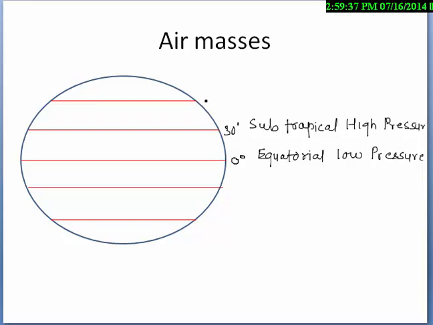As we go more up, at 60 degree north it's the subpolar low pressure belt. And at 90 degree here, it's the polar high pressure belt.